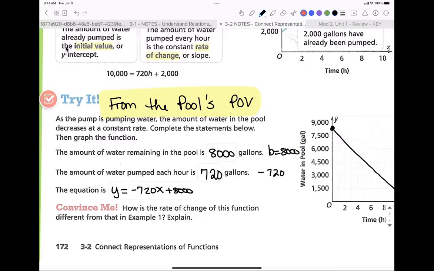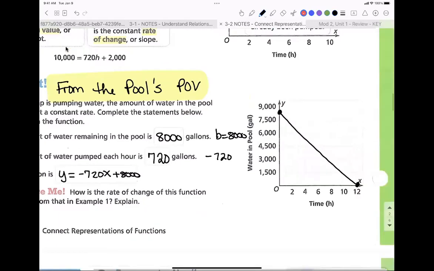If you're losing something, like losing money in a bank account or losing water in a pool, then your slope's going to be negative. If you're gaining something every unit, then your slope's going to be positive. And then your B is just always, what do you begin the story with? Okay. That covers writing equations from story problems.